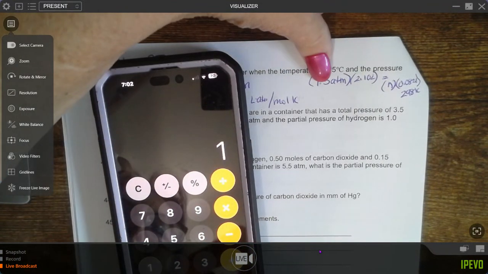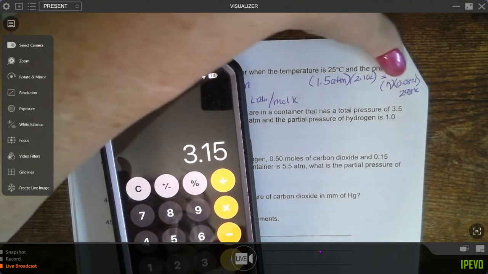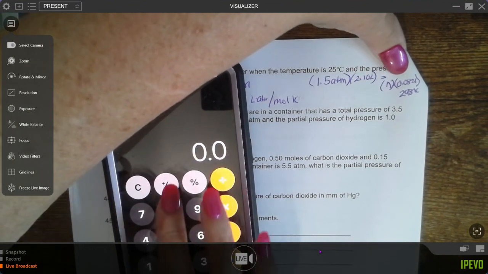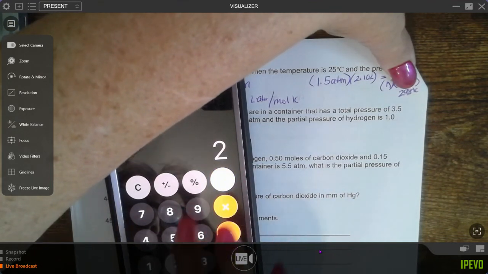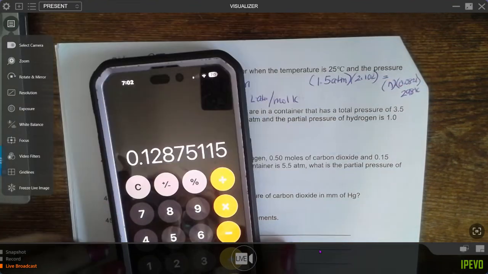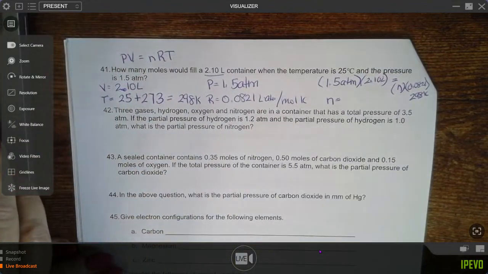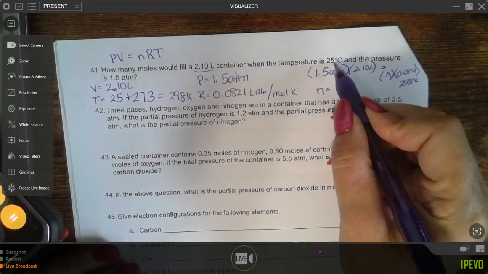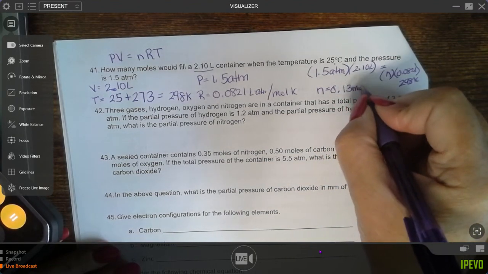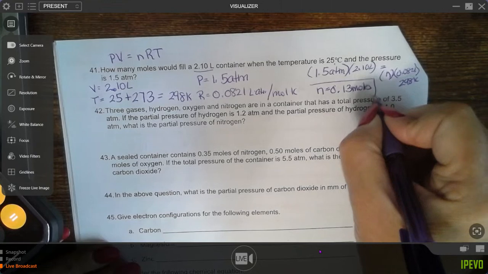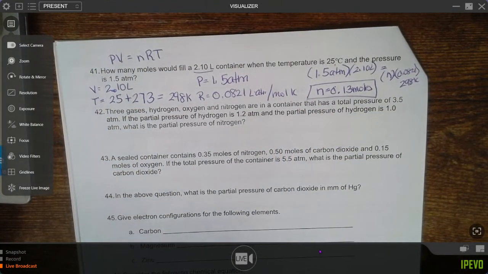So I'm going to do 1.5 times 2.10 divided by 0.0821 and then divided by 298. So this tells me that I have 1.1287. How many sig figs? 2 sig figs. So I have 0.13 moles. Okay. I will give you R. R is actually in the test booklet.